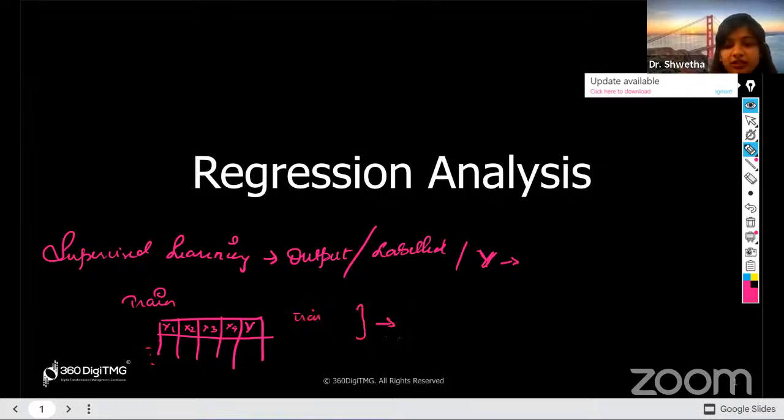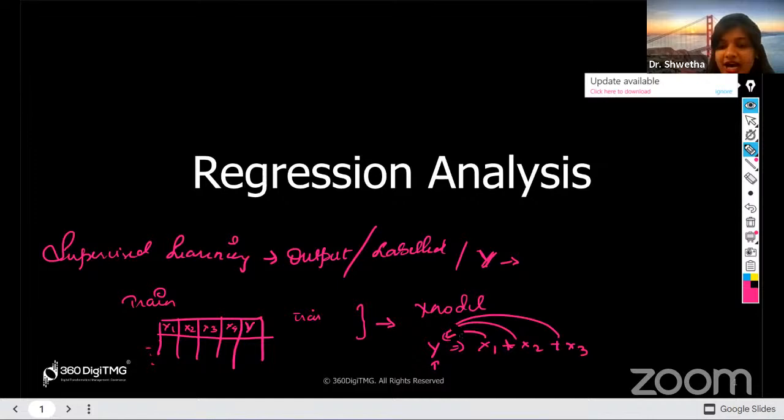So in this, the model tries to learn the relationship between the y, which is the dependent variable, and the independent variables, that is x1, x2, x3, x4. So the relationship between these and how the x variables are affecting the y is learned by the model.